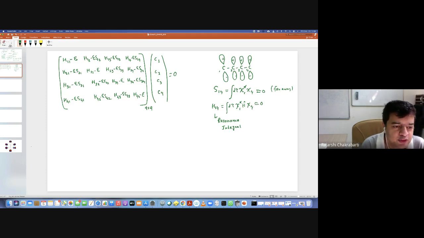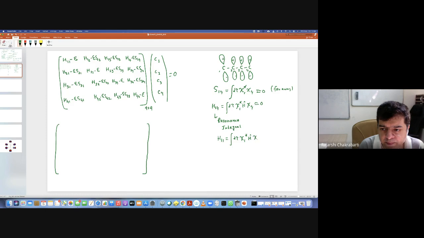Now let me write down this matrix again. This H11 is the energy itself, and it is not 0. This also has a name: it is called the Coulomb integral.